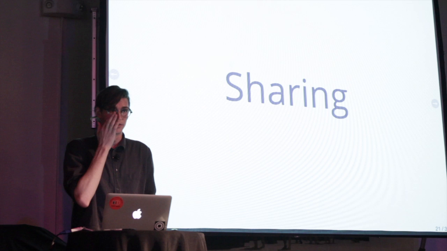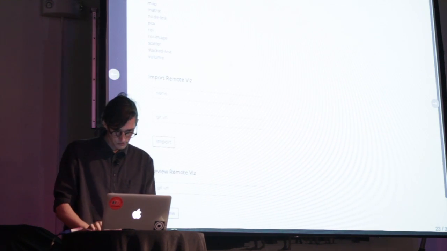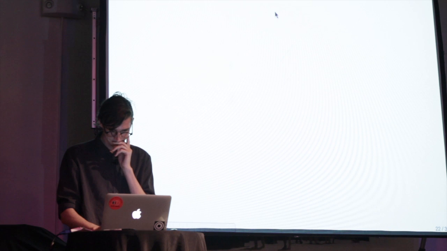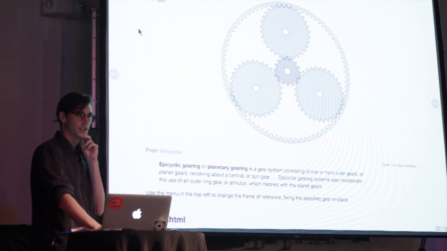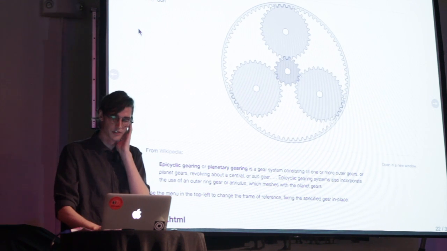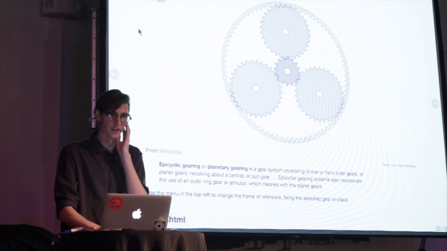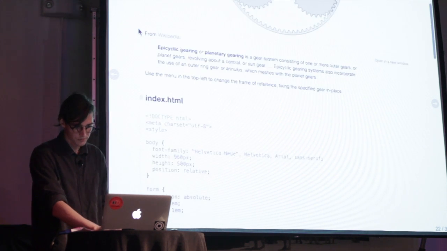Let's see. Oh yeah, so let's talk about sharing. I don't know if anyone here is familiar with Blocks, the website blocks.org. This is the best way to share data visualizations right now, in my opinion, at least from what I've seen.